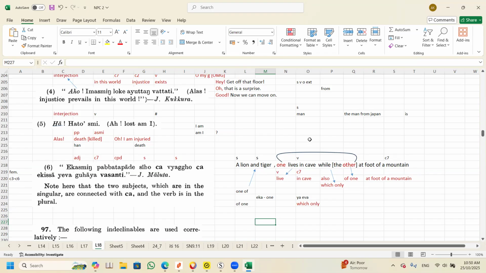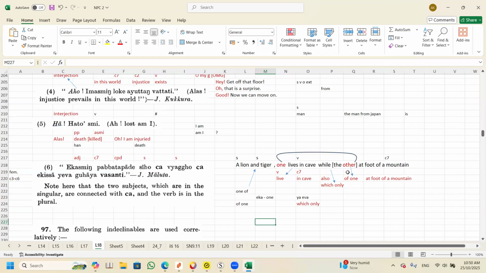That means one person stays here, the other one stays there. So normally, this is a typical one and other. So the other does not appear in these sentences. So it only has which only.